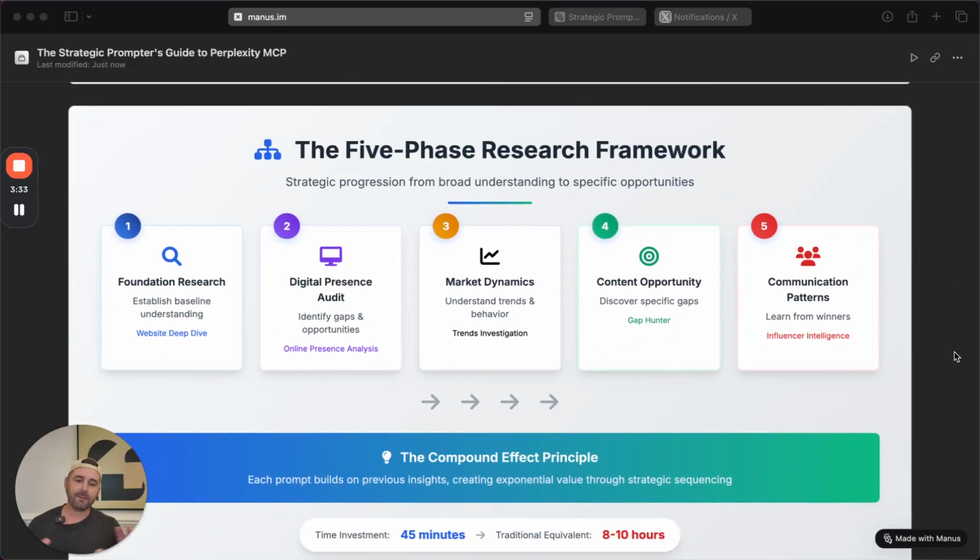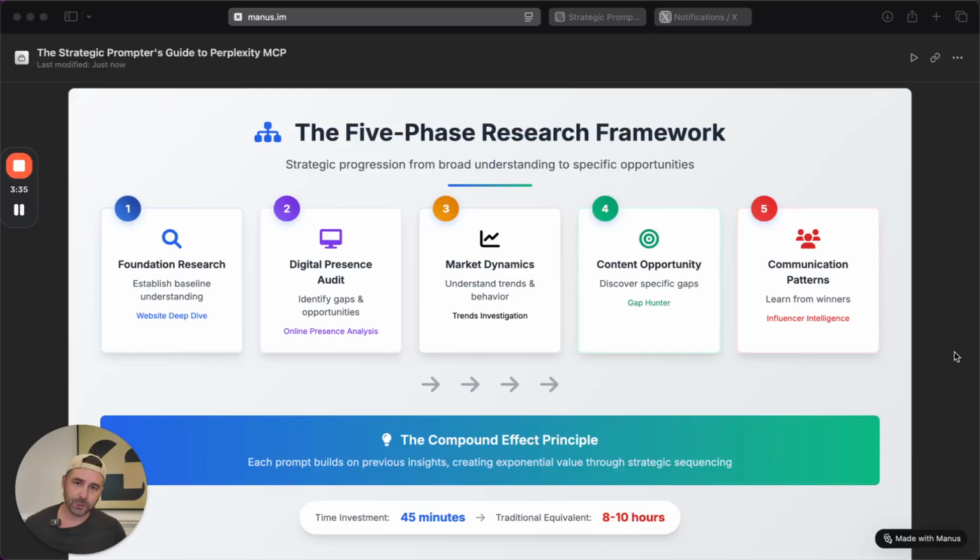Here are the 5 phases of my research framework. As I was doing this training, I realized I naturally do this because I've been in marketing for a long time and I've executed so many of these types of strategies over the years. Let's unpack what's going on in my mind so that you can replicate it and see what you come up with.